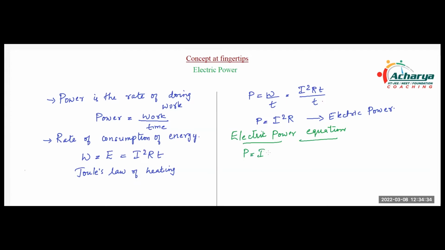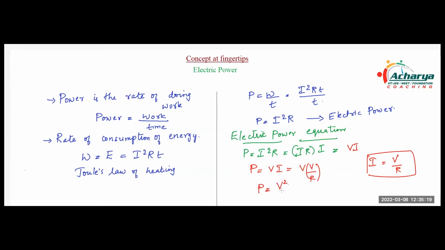First one is P is equal to I squared R. Now if we rearrange this, replacing one I with V by R, we'll get another formula, V into I. So power is also equal to voltage into current, V into I. To this equation, P is equal to V into I, if you apply Ohm's law, I is equal to V by R, we can write V into V by R, which is equal to V squared by R. So that is another formula for electric power.